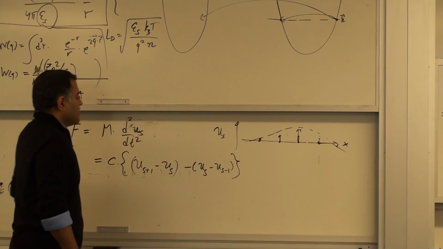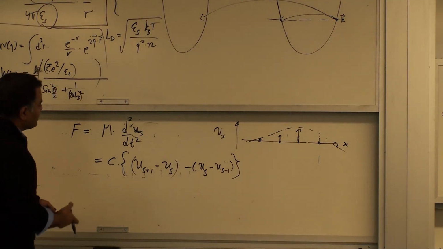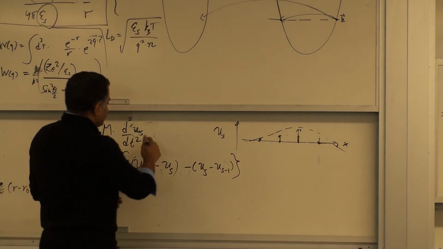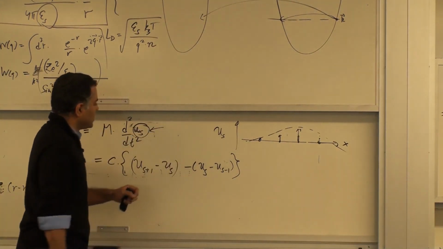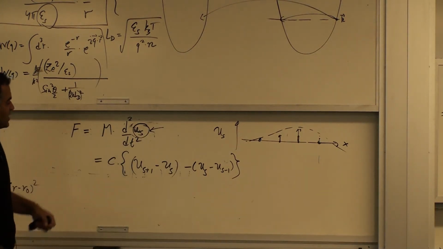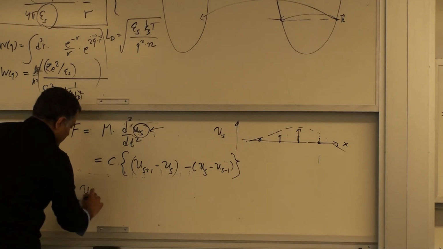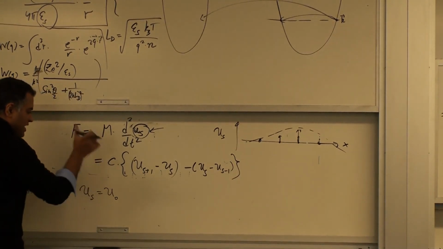Now you have to solve this equation, and I think it's pretty clear one should make an assumption here, or try the guess that my displacement is a wave. From this equation you can take a guess that it is going to be a wave of the form u of s equals u0, which is the amplitude.